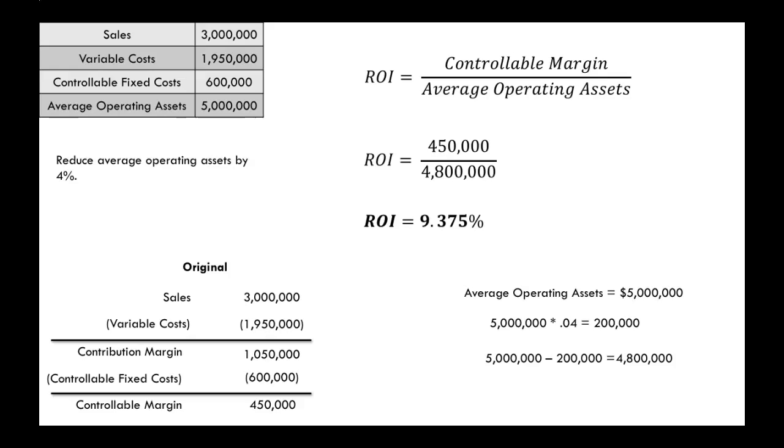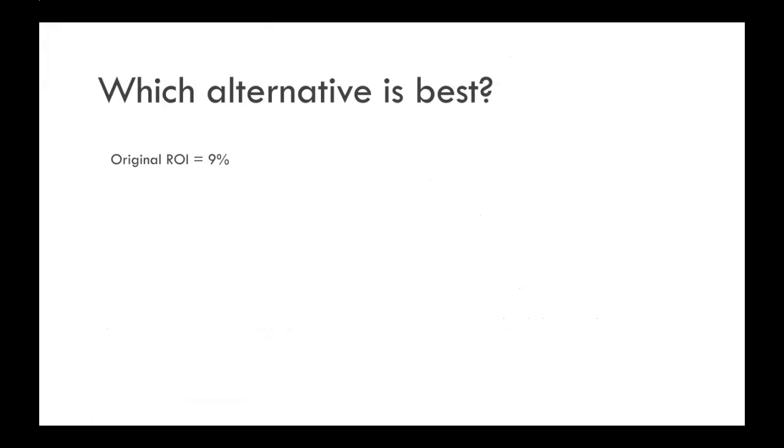So we've figured out the ROI for each of these different courses of action, right? So we need to figure out which alternative is best. So originally, that current year, that was just at 9%. Alternative 1, which was increasing our sales, left us with an ROI of 11.1%. Alternative 2, reducing the variable costs, left us with an ROI of 12%.